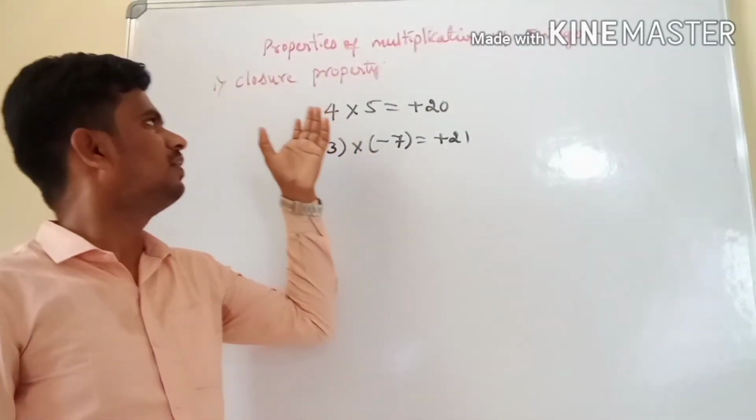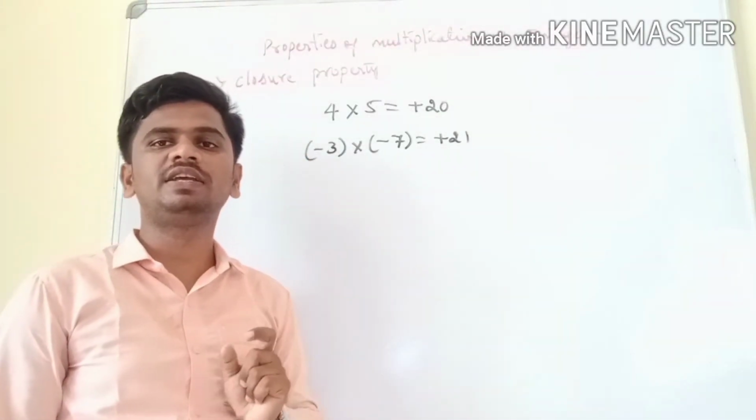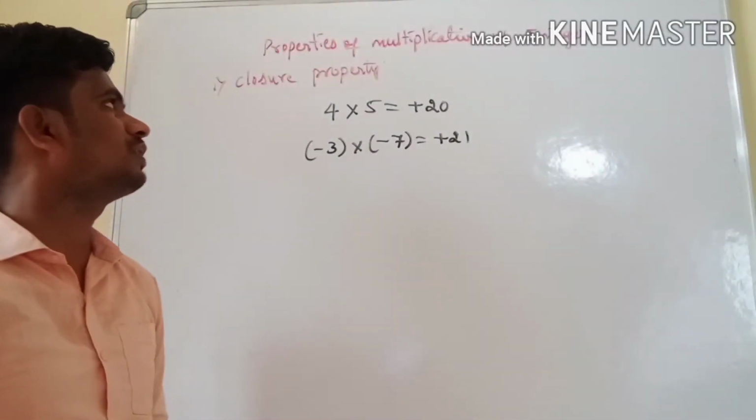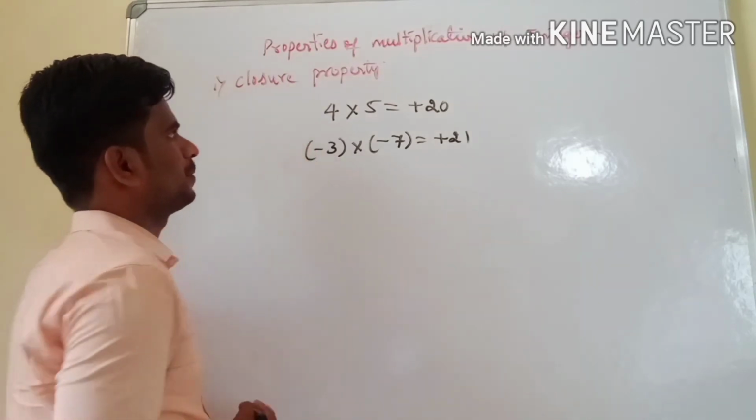That's why we can conclude that the product of two integers is again an integer. This is the closure property for integers.